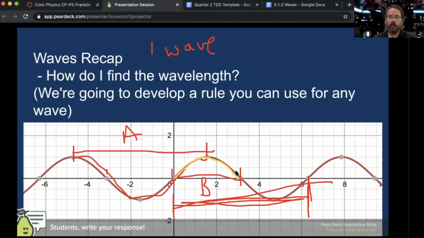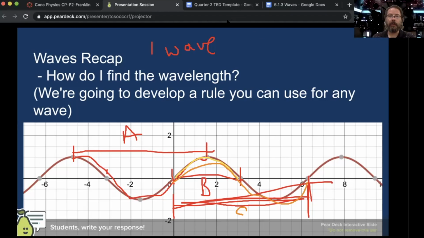Or is the orange all the way down here one wave? So A is correct, but there's another one that's correct. So is it B or C? Which one is the other wave? Okay, and the answer is going to be C.